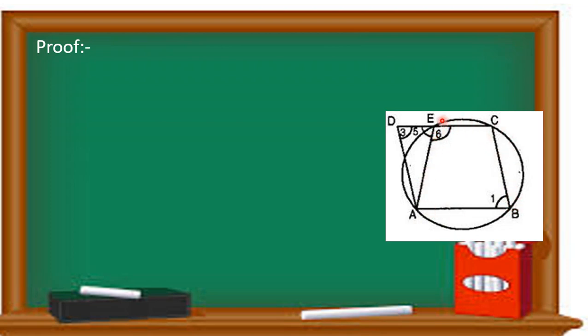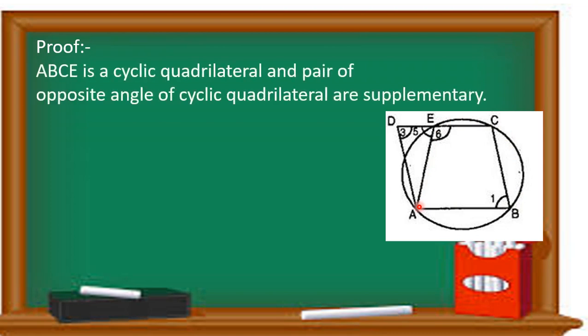By the property of a cyclic quadrilateral, either pair of opposite angles are supplementary. So we have angle 1 plus angle 6, these two angles are equal to 180 degrees.